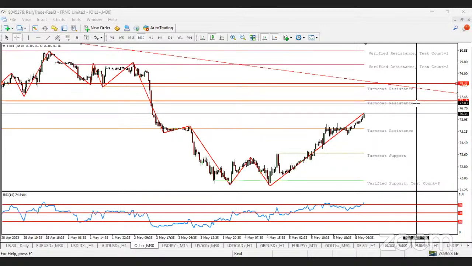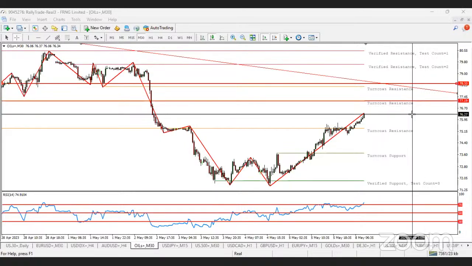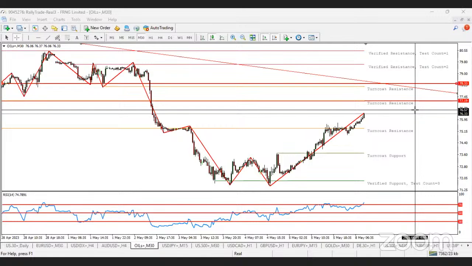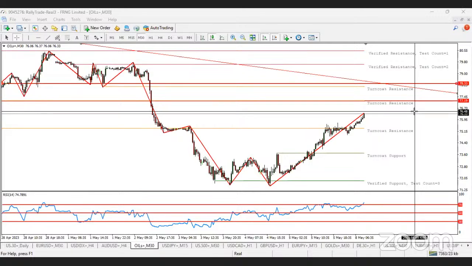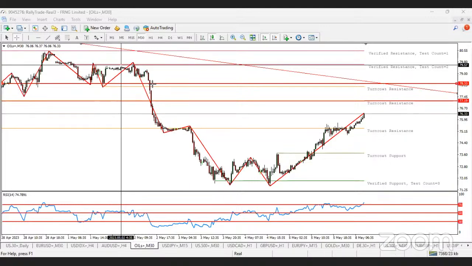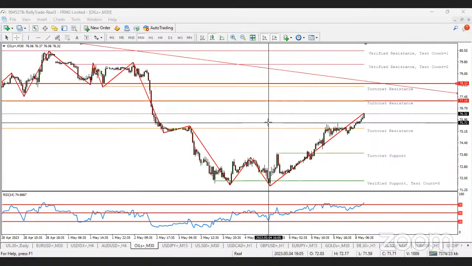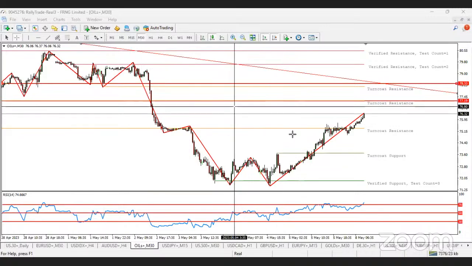So you can have your TP set at 77.19 for an instant order. For an instant execution on oil now, we expect the price of oil to go to 77.19. That's it for oil today.